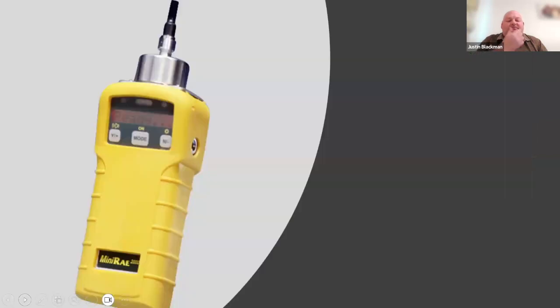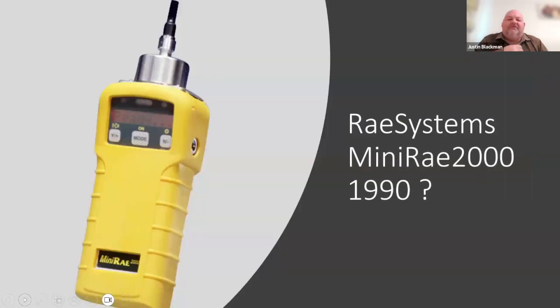Moving on from there, the next unit to really give an advancement came from Ray Systems in their Mini Ray 2000 unit, around about 1990. Probably the biggest selling PID of all time.